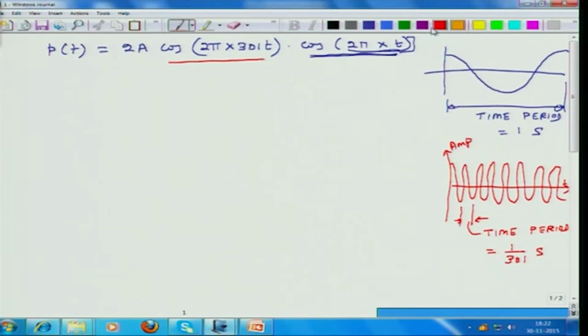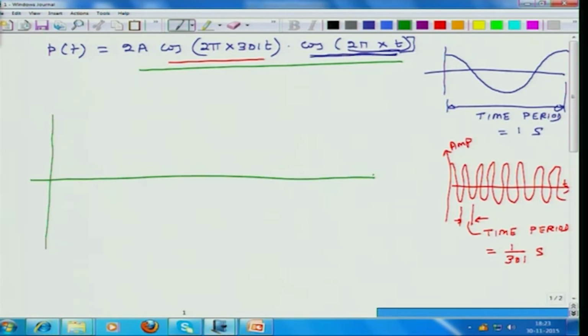So now I am going to draw this entire thing. This is my amplitude, this is my time, and first I am going to draw this 1 hertz thing.